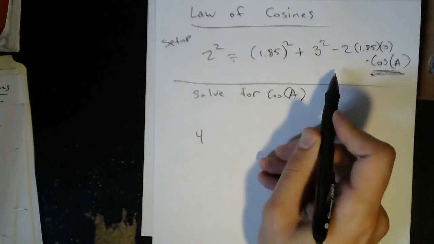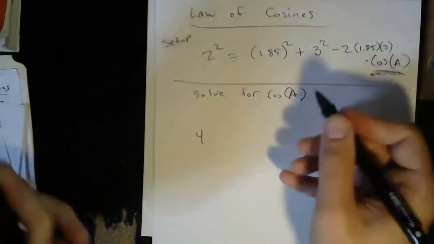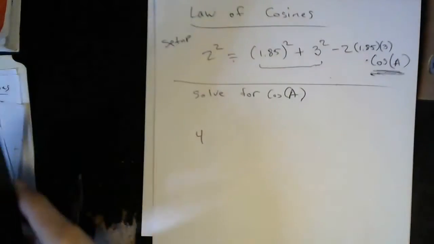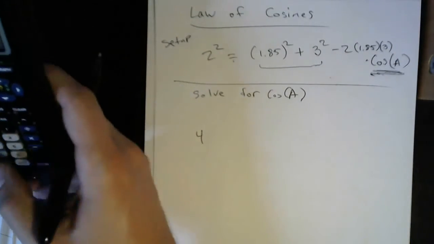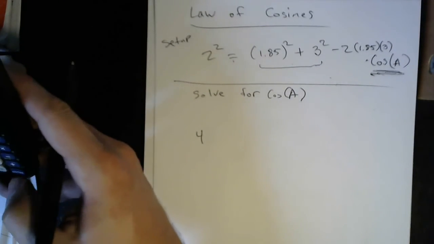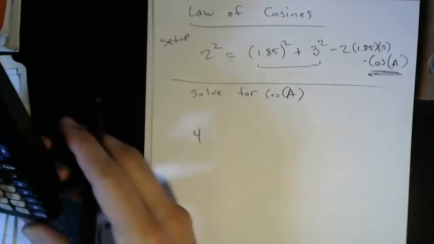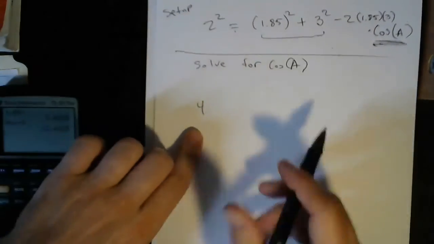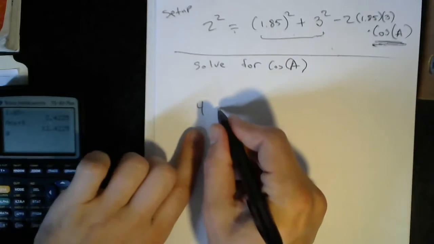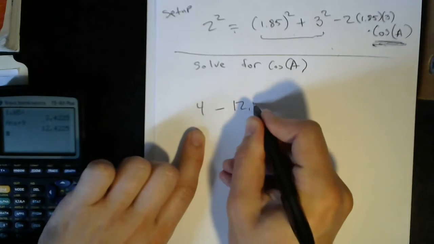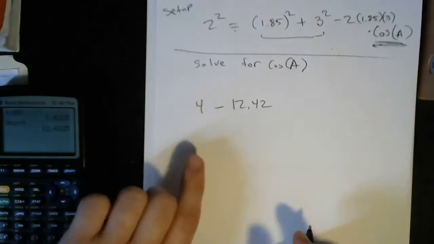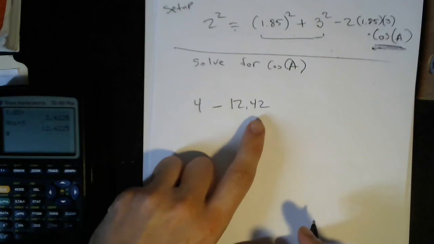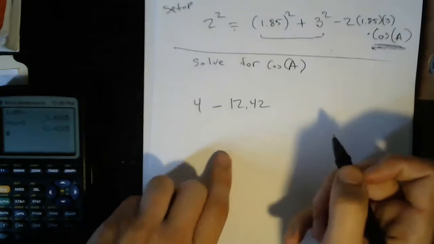I'm going to go ahead and find this here. 1.85 squared plus 9 in that case. So that's 12.42. And we're going to subtract that. So it's going to be 4 minus 12.42. We'll use 2 decimals here.